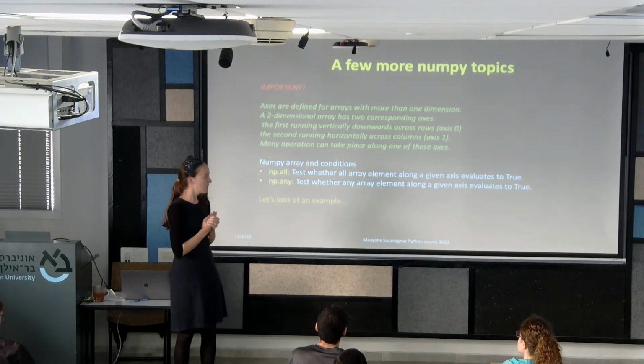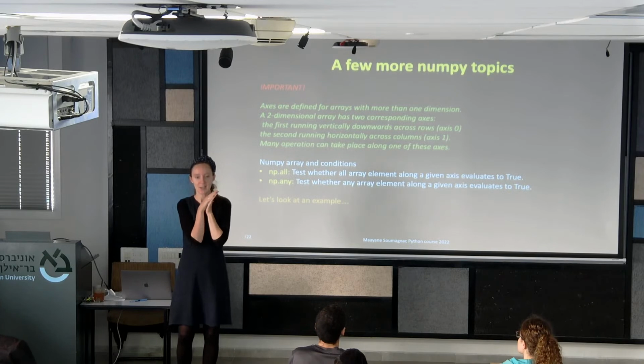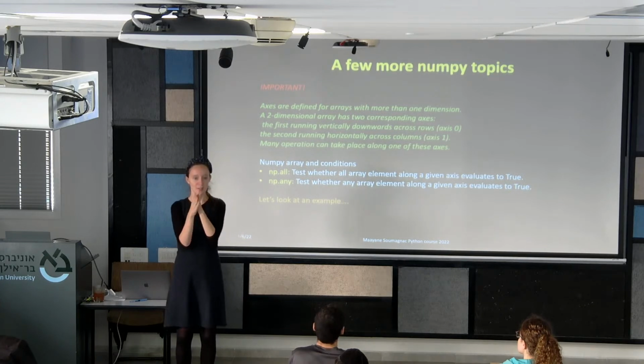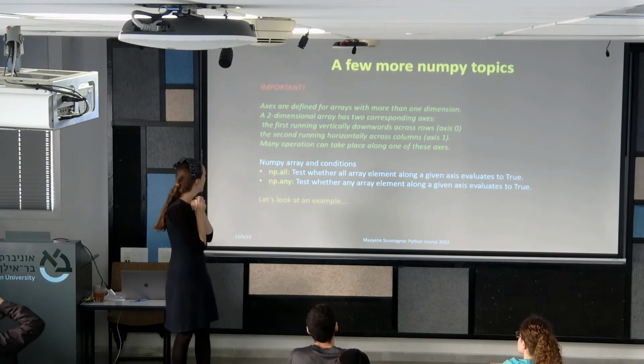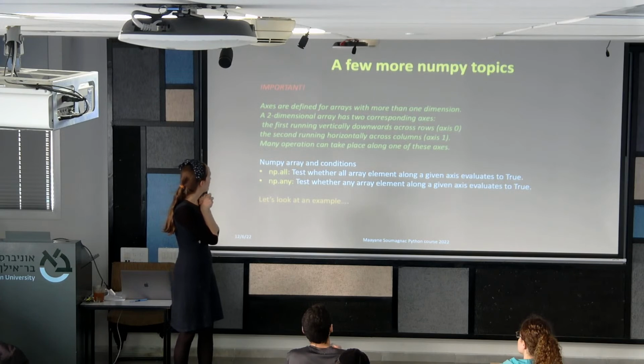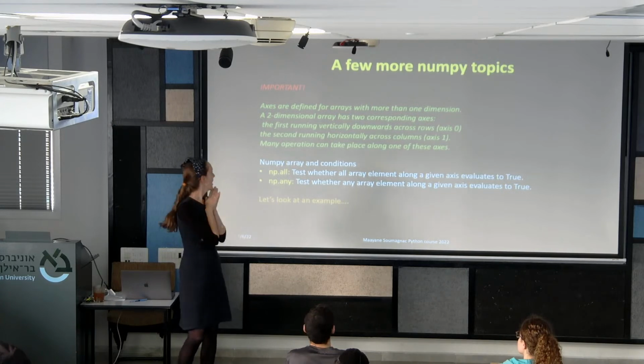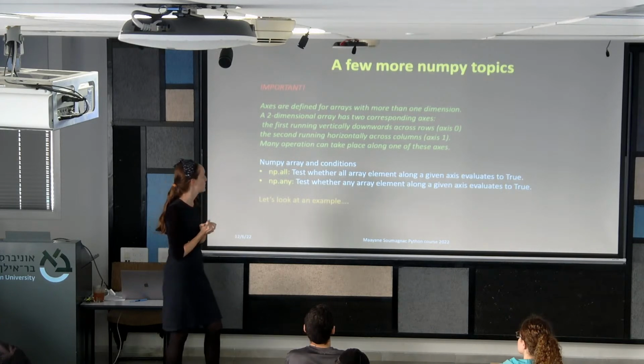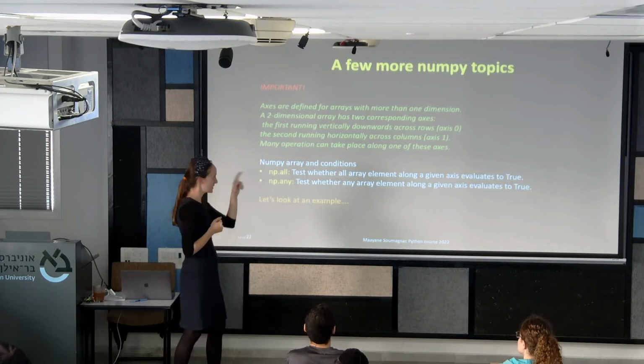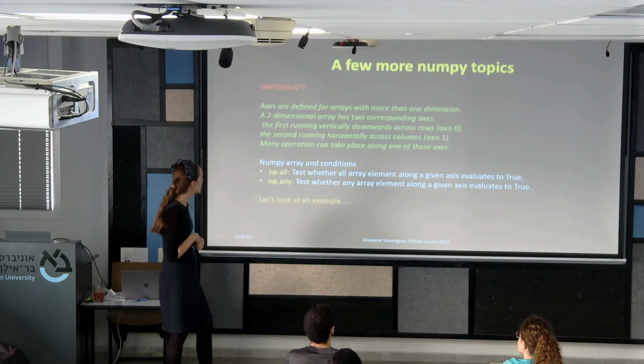And the important thing is that by axis equals 0, we actually mean columns. Okay, it's slightly counterintuitive. So I will read what we have here. The moment you have a NumPy array with more than one dimension, you can define a keyword called axis in many functions.